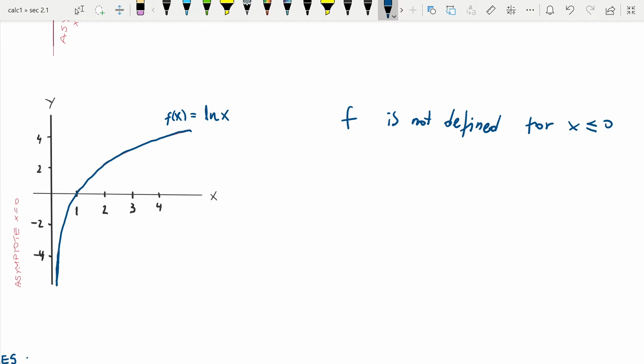So we can only ask what is the limit of f of x as x approaches 0 from the right, because from the left f is not defined. And here we see that as we approach 0, natural log of x is becoming more and more negative. So the limit here is minus infinity.